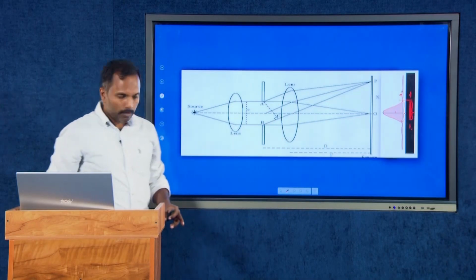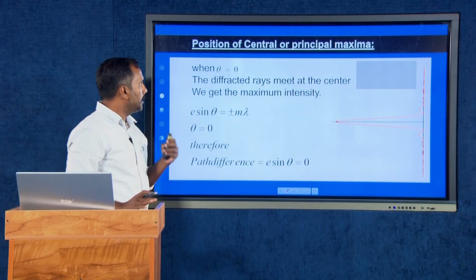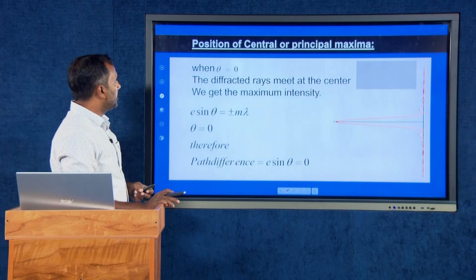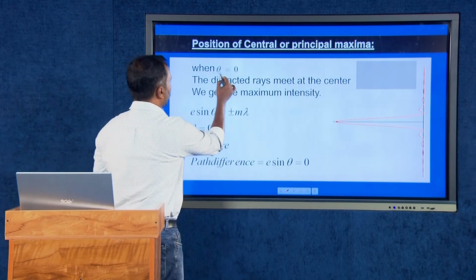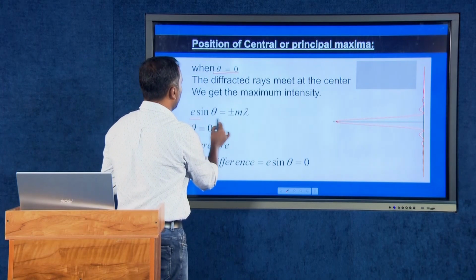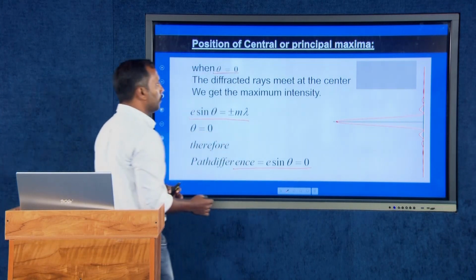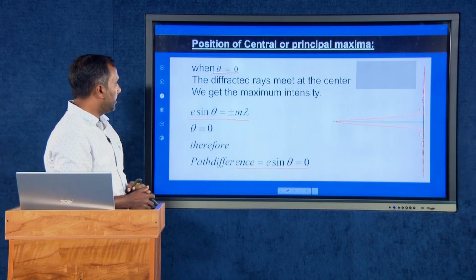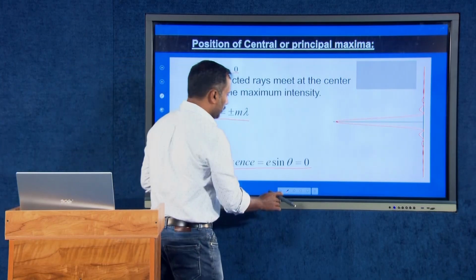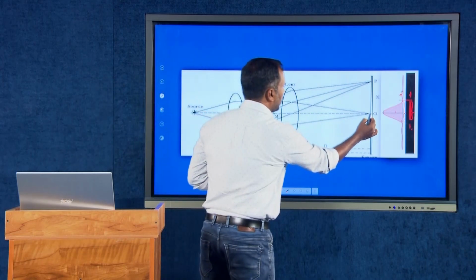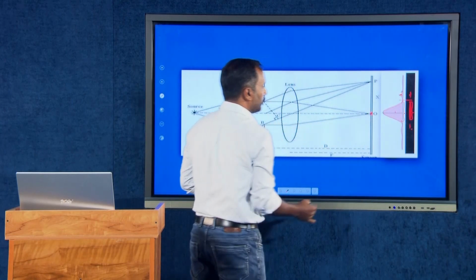Well then, this was the condition we have derived for the central maxima or principal maxima. Here the condition is theta is equal to 0, and this is happening when the path difference e sin theta is equal to 0, at the center point O. So when we consider this point O, this is the point of central maxima.